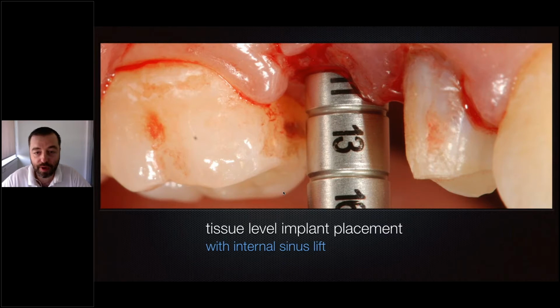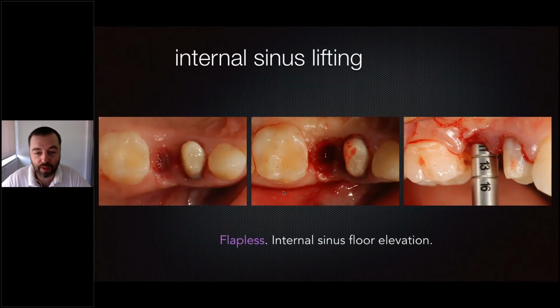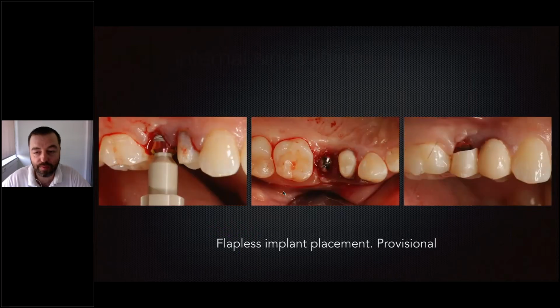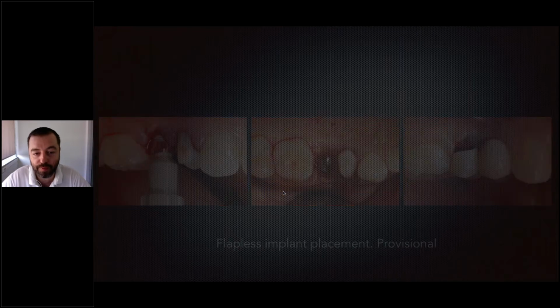So this is one of the very old cases with 3-octa, with the internal sinus lift and the immediate placement of the tissue level implant. The benefit is that the tulip-shaped neck of the implant is also generating a nice shape of the future papillas for the gingiva.